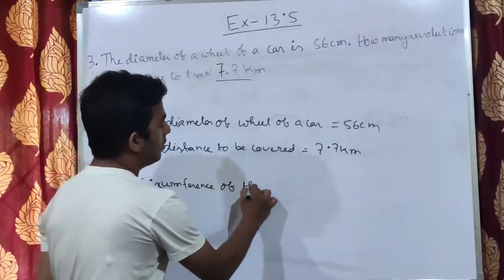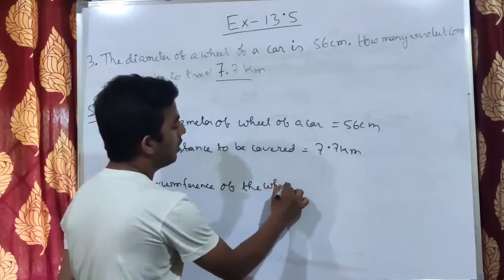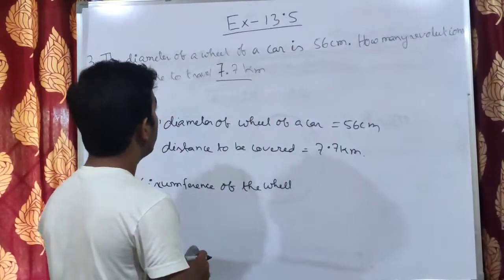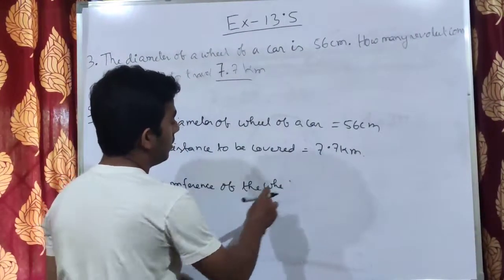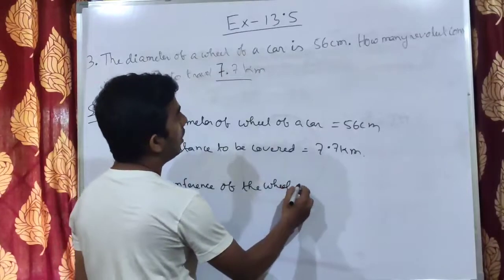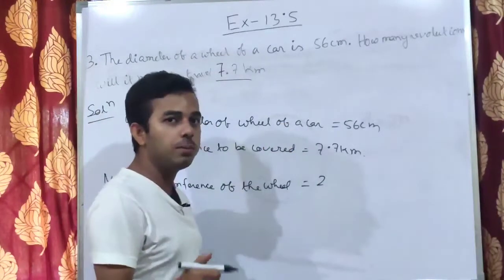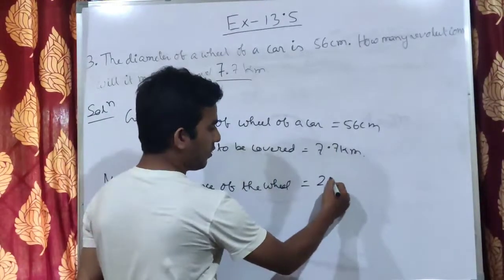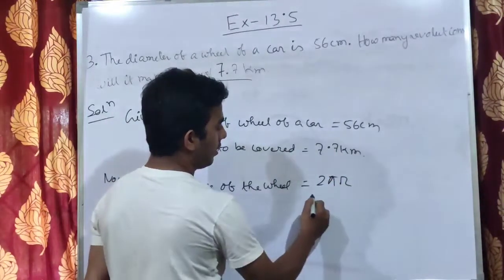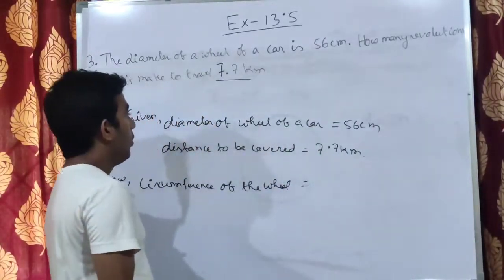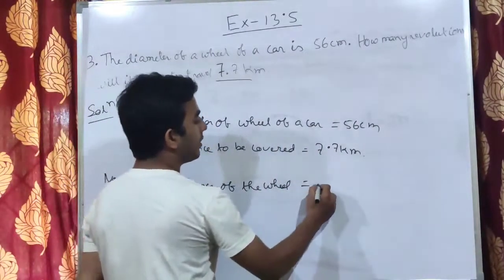The circumference of the wheel is what? This wheel is in which shape? It is circular. So its circumference will be 2 pi r. Here a diameter is given, so we will use pi d, right?